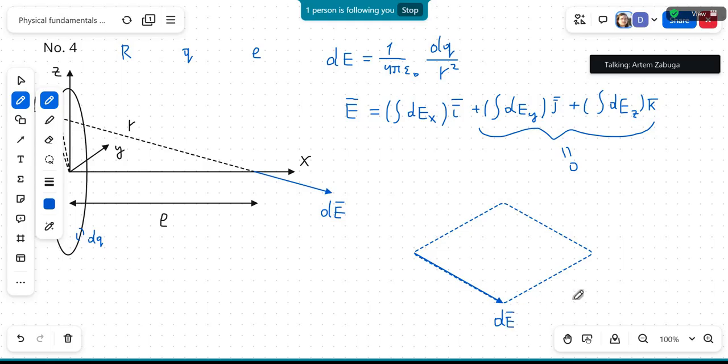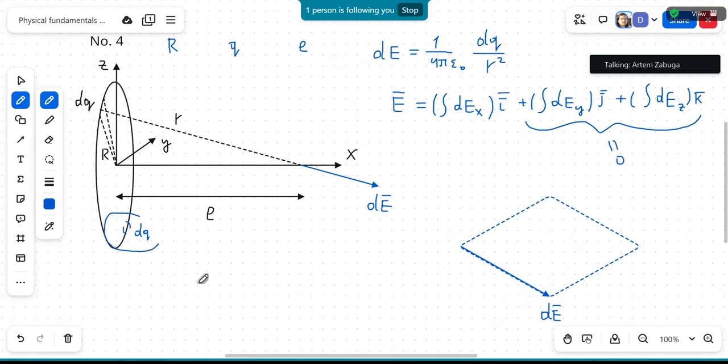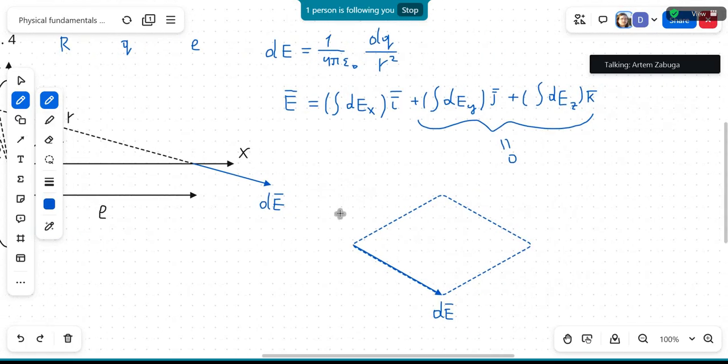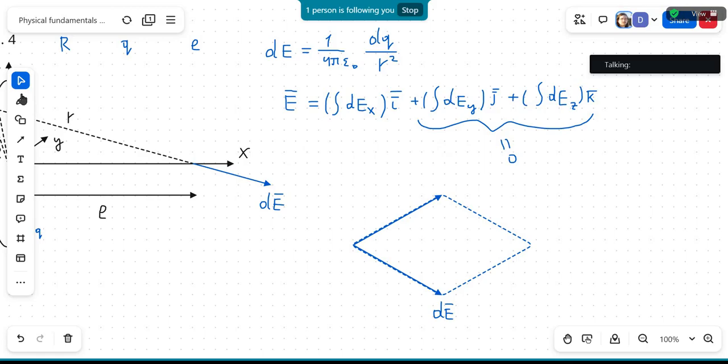This will produce electrostatic field dE, and this charge dq will produce electrostatic field with the same absolute value, but with another direction.